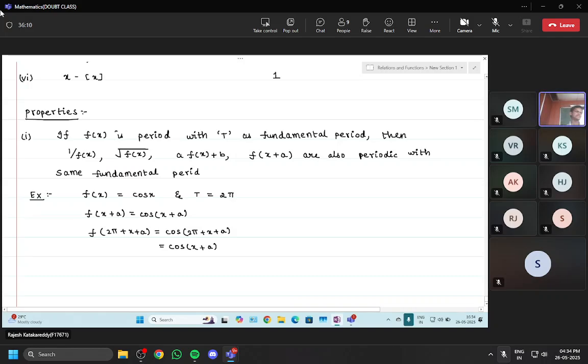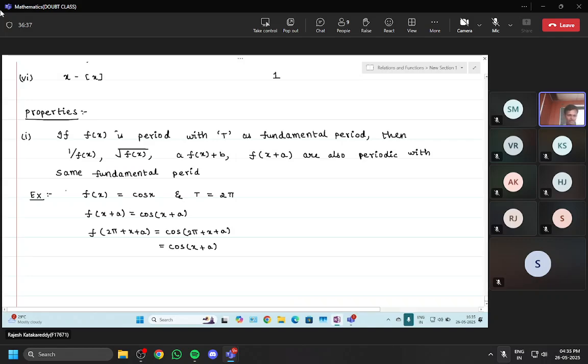It won't change, unless we make a change in the domain. Making a change in the domain means we are multiplying something to the variable x. In everything here, we are not multiplying anything to the variable x. Reciprocal we have taken, square root we have taken, a into f of x plus b we have taken, f of x plus a. We are not making any change in the domain as of now.